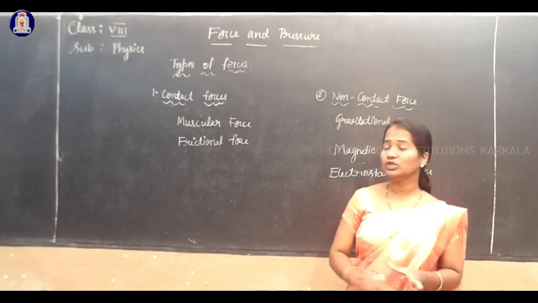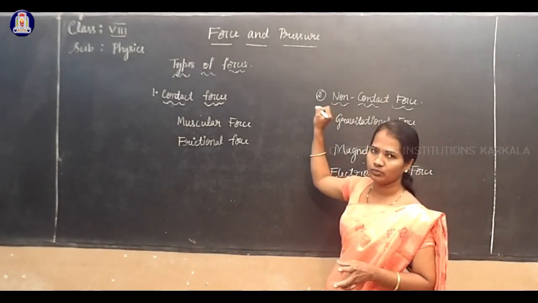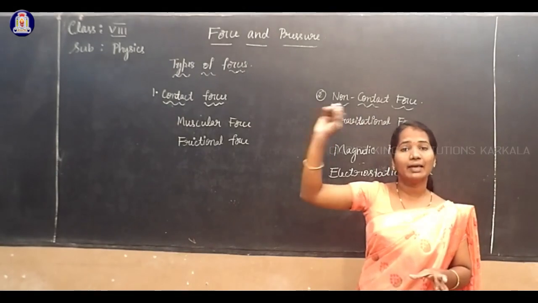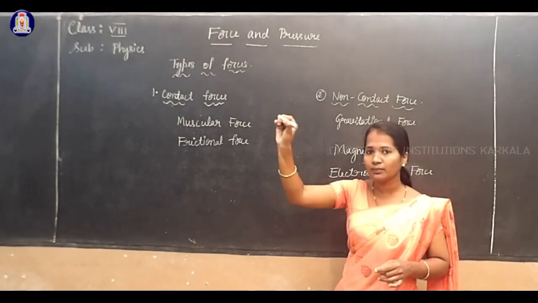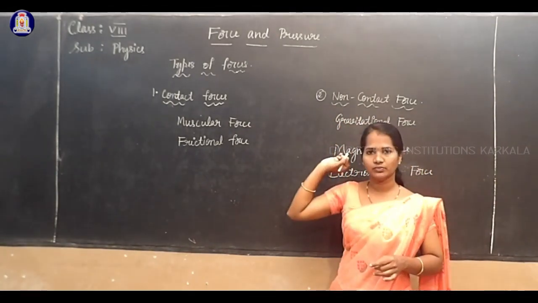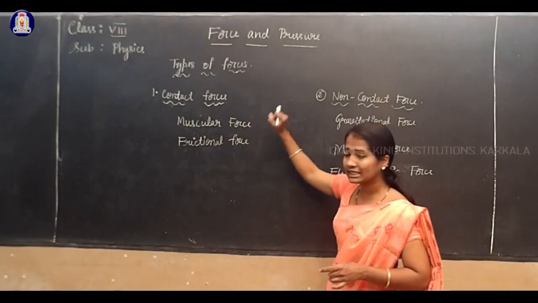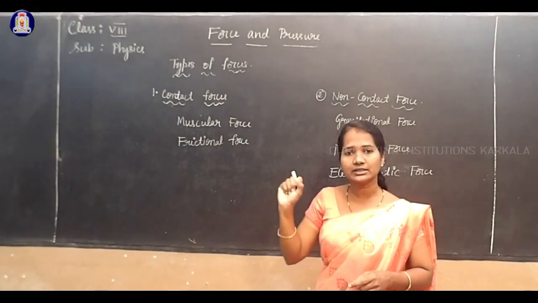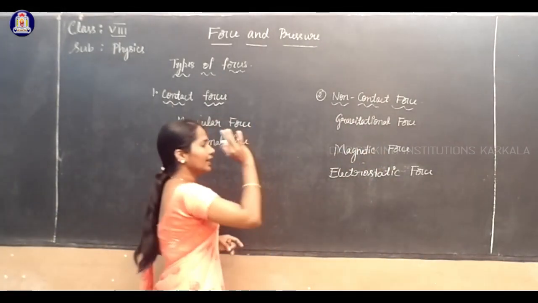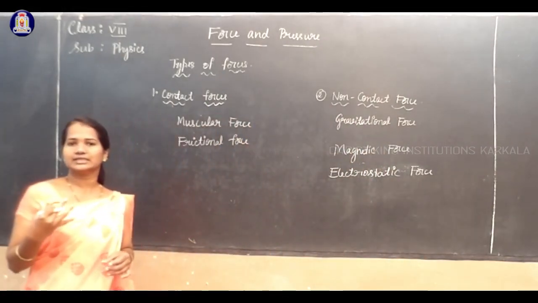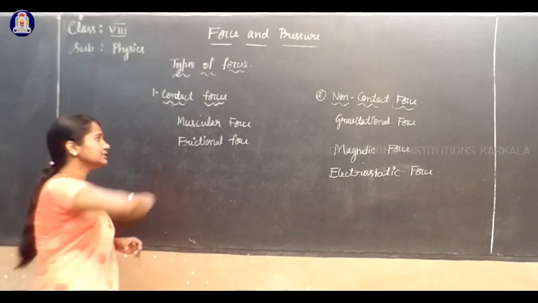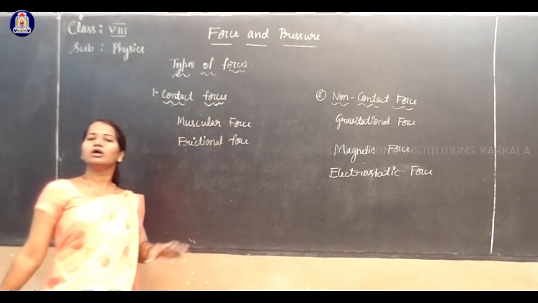In another way, when I am writing on the blackboard, what happens here? I am applying my force on this chalk piece and writing on the board. So the force applied is muscular force. When I want to erase the board, what happens? I have to take the duster and apply my force, in the sense, the force using my muscles, and erase the board.